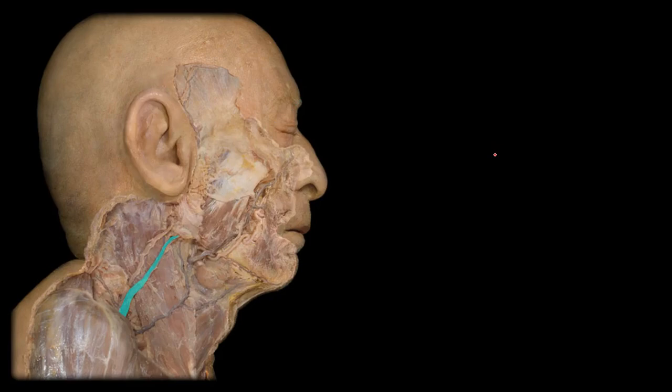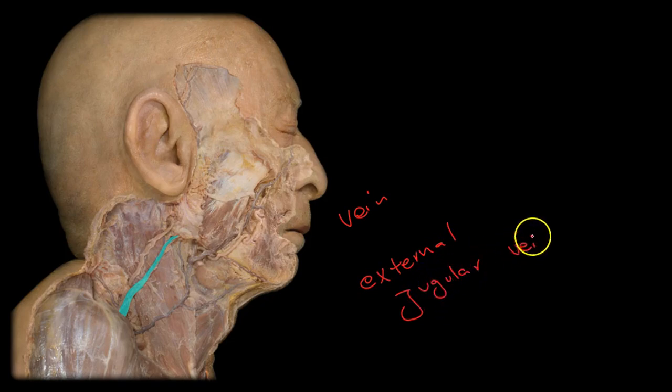And next one is a vein, because the veins are superficial. This vein is called the external jugular vein.